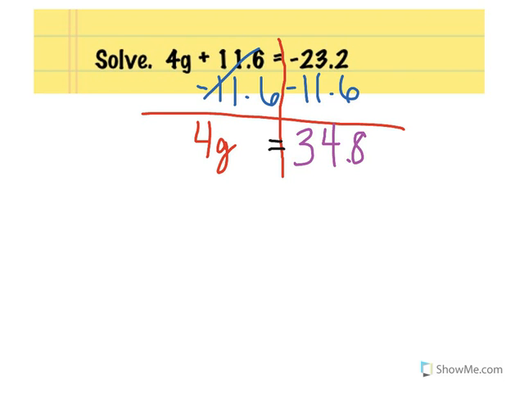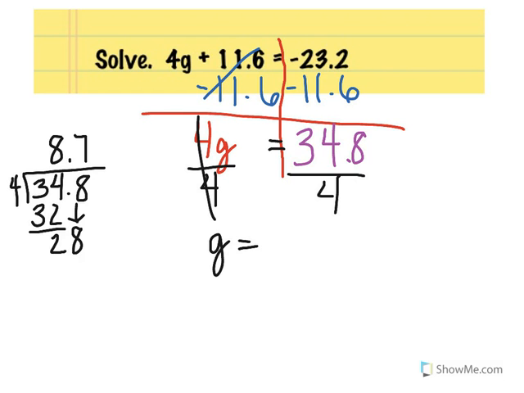Now again, to isolate G, I'm going to divide, because the opposite of multiplying 4 and G would be dividing. And I'm left with G equals 34.8 divided by 4, which is 8.7. G equals 8.7. I'm going to double check my answer, plugging in 8.7 where G is in my original equation.